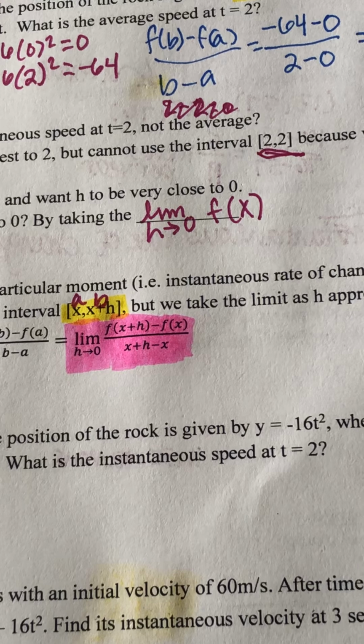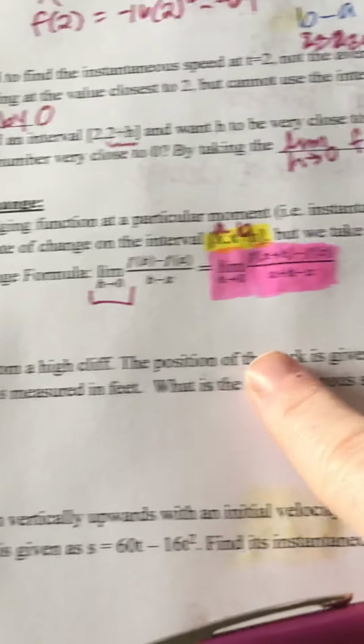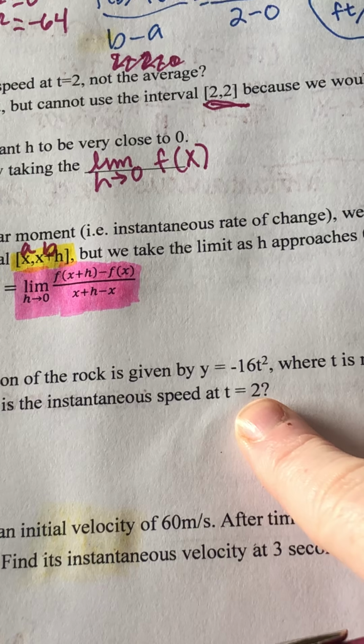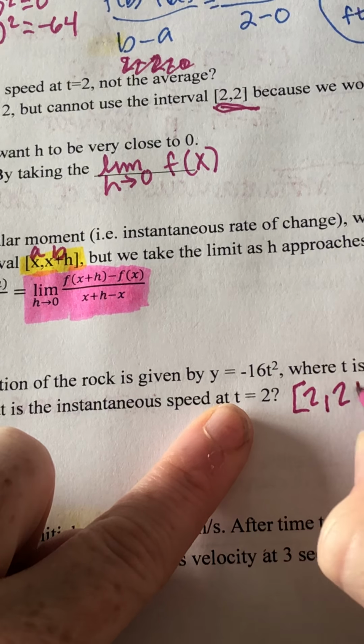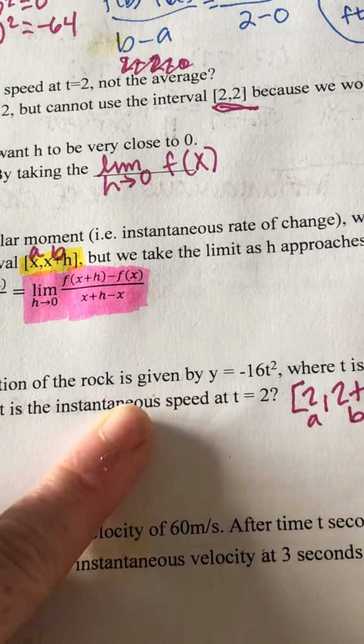Okay, so we're going to actually do the instantaneous rate of change from the same thing happening in example 4. If you read the problem, it's exactly the same, except your question is now, what is the instantaneous speed at t equals 2? So our interval now becomes 2 comma 2 plus h. That's your a and that's your b.